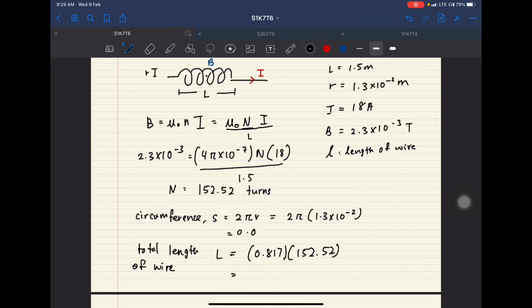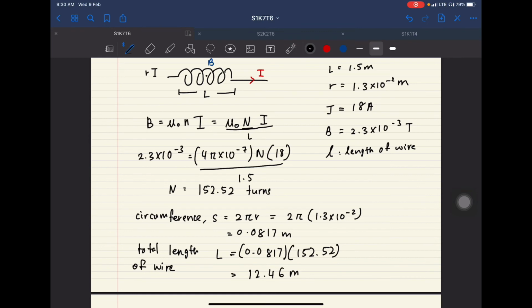It should be 0.0817 over there. So no wonder my answer seems to be off. Okay, now 0.0817 multiplied by 152.52, I got 12.46 meter. So this is the total required wire to produce this solenoid.